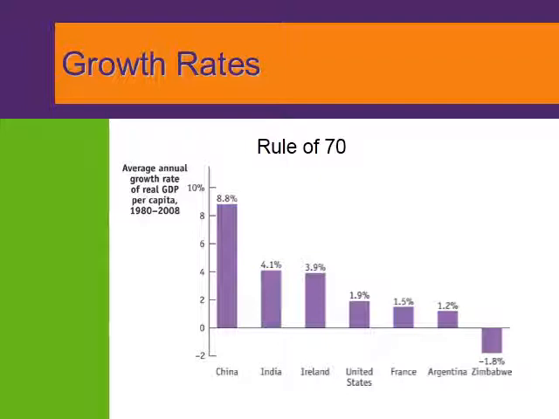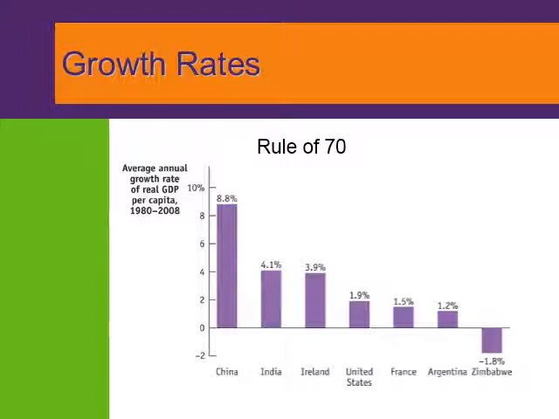For example, if annual per capita real GDP increases at 5% every year, 70 divided by 5 is 14. So it would take approximately 14 years for the per capita income or per capita real GDP to double.